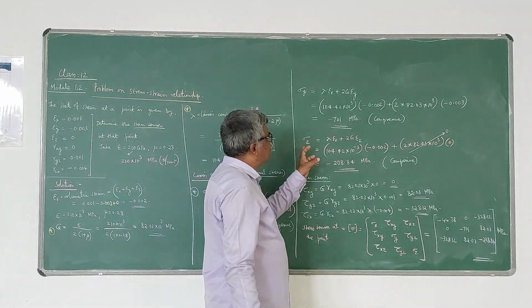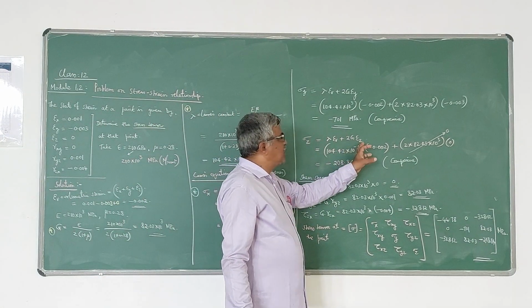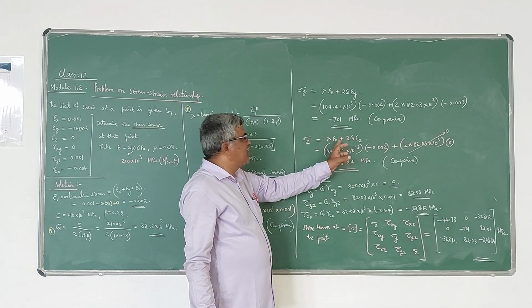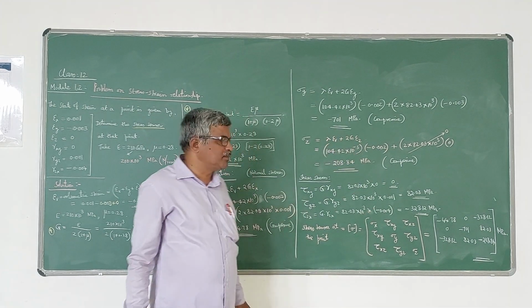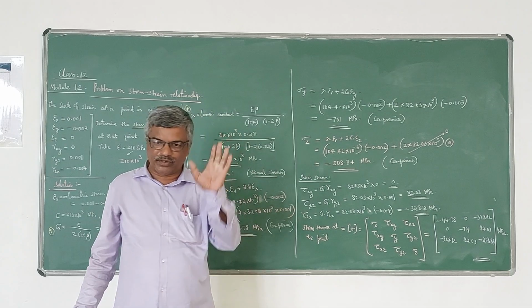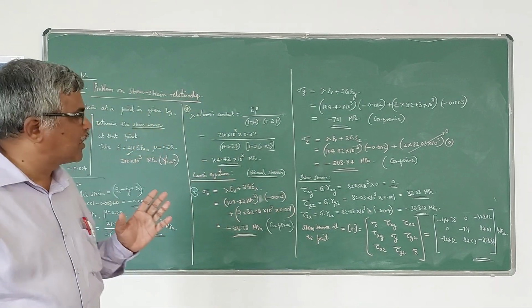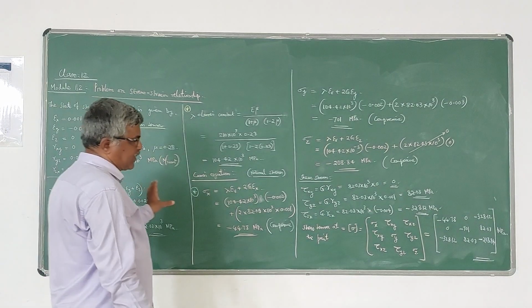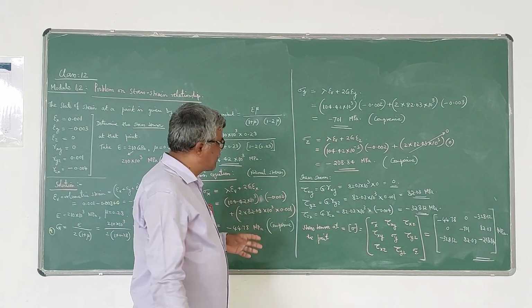Now the third one, sigma z. Once again, instead of epsilon x, you have to take epsilon z. The other terms remain the same. Substitute the values and simplify. You get minus 208.84, which is also compressive. So you can observe that in all the three directions, compressive stresses are developing on the element for the given strain system.